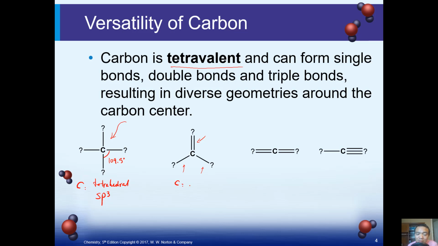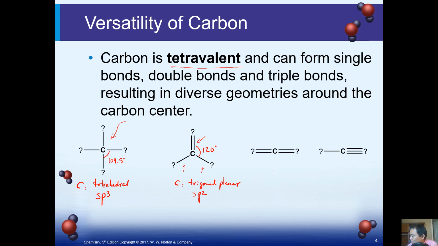For the second one, similarly, the carbon has 1 double bond and 2 single bonds with no lone pairs surrounding that carbon. That means it's 3 electron groups. The geometry for the carbon is trigonal planar. The hybridization would be sp2. The bond angle would be close to 120, but slightly smaller than 120 because the double-single bond repulsion should be slightly bigger than that between the 2 single bonds.